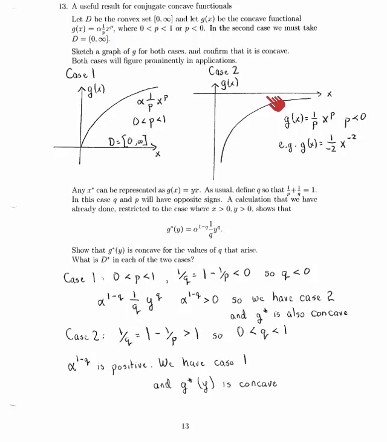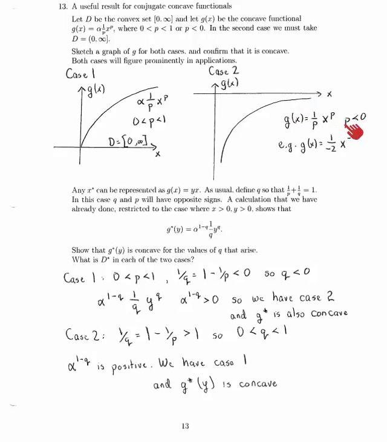Before actually applying the formula, let's have a look at case 2, another way of getting a concave functional. You can see very clearly, by the way, that the line joining 2 points on one of these graphs lies entirely below the graph. It is a concave functional.